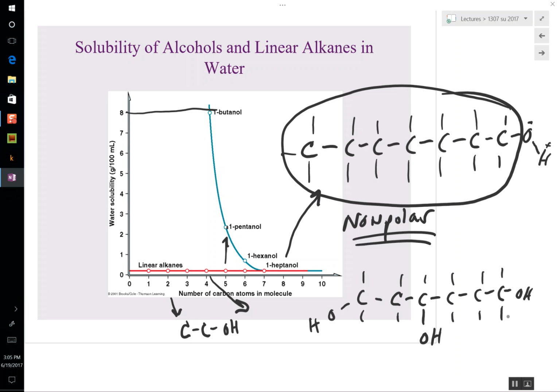This will be pretty soluble in water. Because this is polar, that's polar, that's polar. Now you got enough polarity coming into this molecule to overcome the non-polar nature of these carbons. So this will be soluble, and this is insoluble in water.